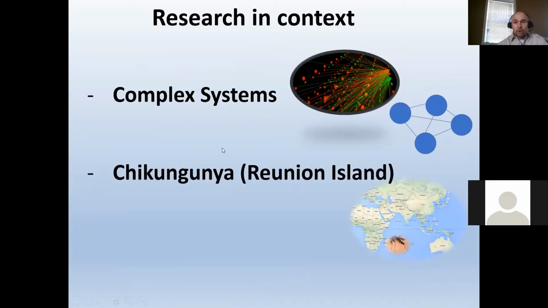A few years ago, in the island La Réunion, a French island situated very close to the eastern coast of Africa, in the south of Africa, there was an outbreak of a disease called chikungunya, which propagates due to mosquitoes.